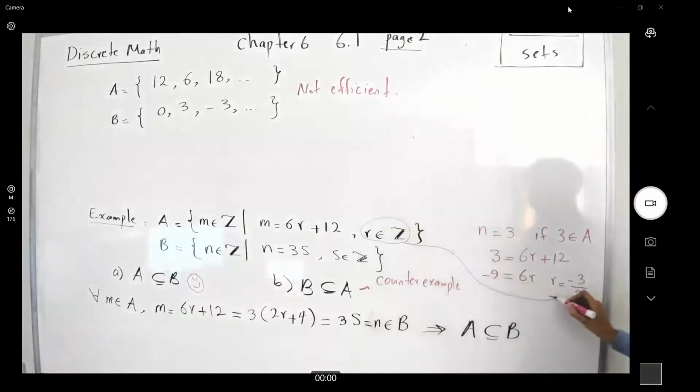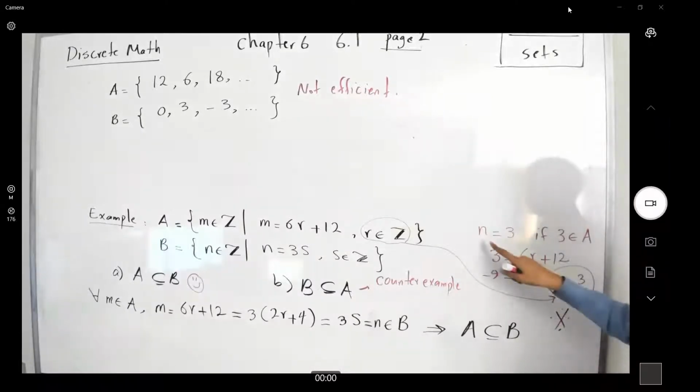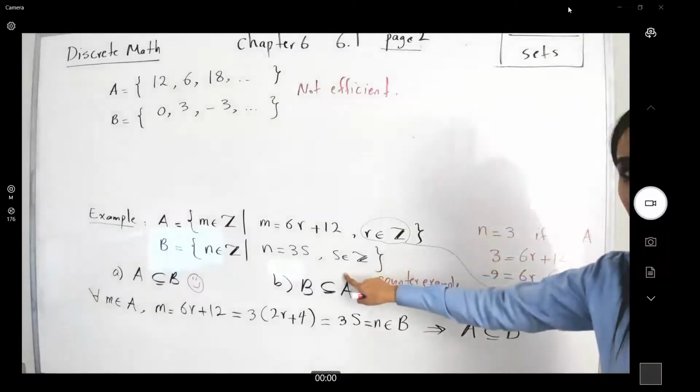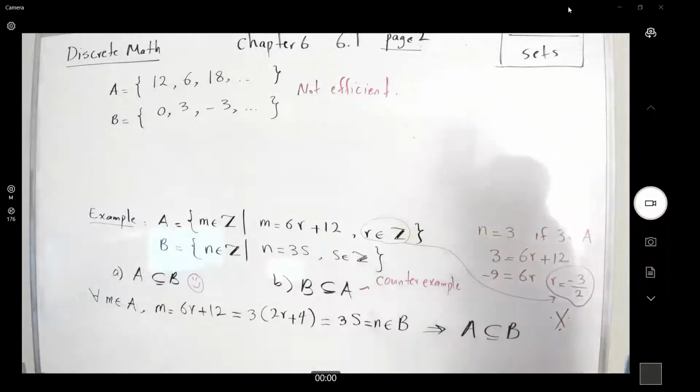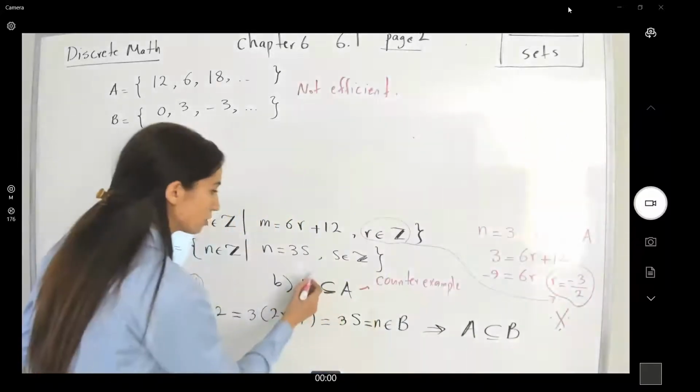But this guy tells me, hey, r is a rational number. This is your result. So if I take n to be equal to 3, you have a member in B that is not in A. So we found the counter example. So this is not true.